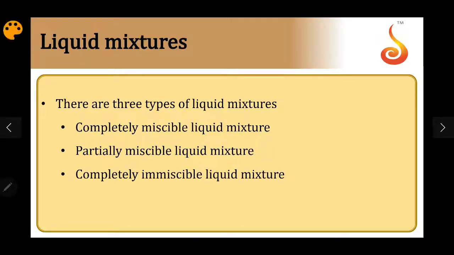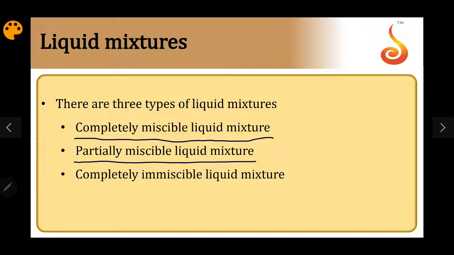Liquid mixtures. When we mix two liquids, there are three possibilities. One, the liquids can be completely miscible with each other in all proportions. Whatever amount of liquid A we add to liquid B, one phase is formed. Two, partially miscible liquids. To some extent, both liquids are soluble in each other.